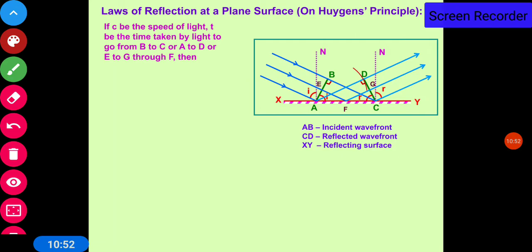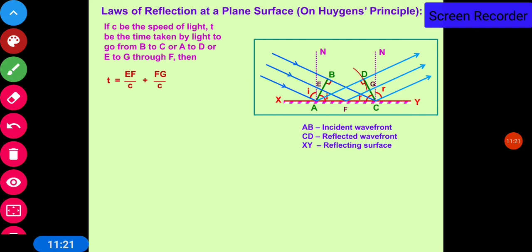Since A is incident on the surface earlier, by the time B reaches C, A will reach D. Similarly, the ray at point E will reach F and reflect back to point G. So t is the time taken by the light to go from B to C, from A to D, or from E to G through F.